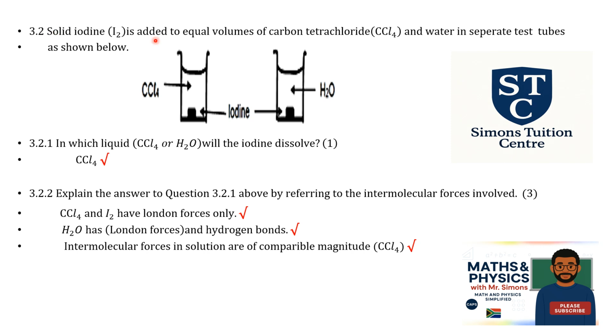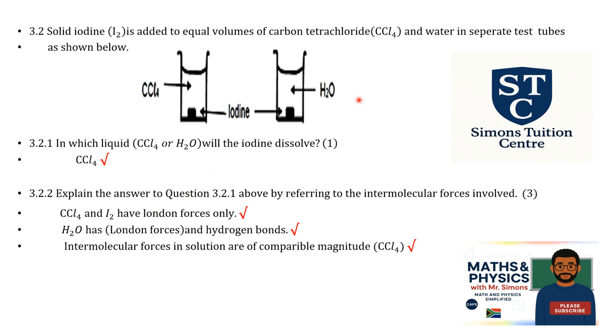So solid iodine is added to equal volumes of carbon tetrachloride and water in separate test tubes as shown there. In which liquid will iodine dissolve? So first, carbon tetrachloride. Explain the answer. Carbon tetrachloride and iodine both have London forces.